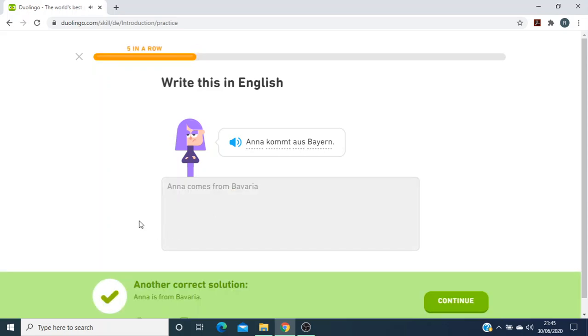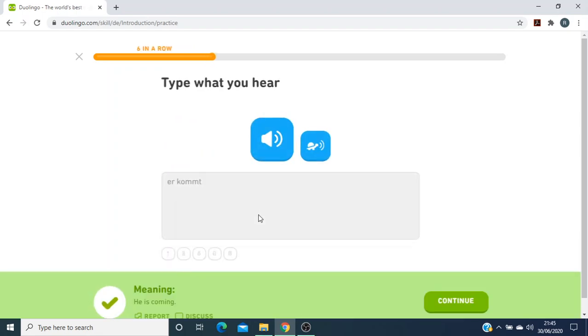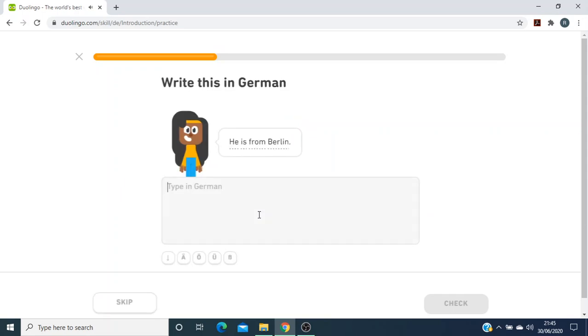Or Anna is from Bavaria, but yeah, kommt aus, comes from Bayern. So Bayern Munich literally means Bavarian Munich, the football team. Kommt, he comes. He's from Berlin. Kommt aus Berlin. It's good.